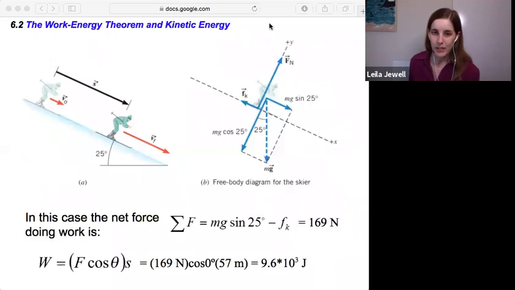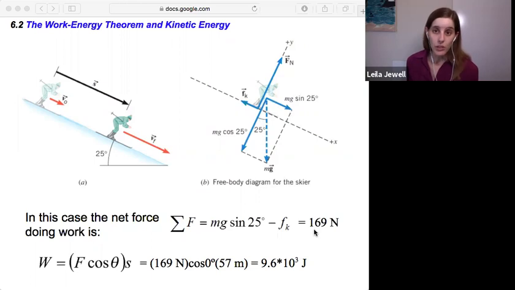So we have our free body diagram here where all the forces are shown, including breaking down the gravitational force into a component into the slope and a component along the slope. So the net force doing work is mg sine of 25 minus the force of kinetic friction. If you calculate that with the numbers given in the problem, you should get 169 newtons.